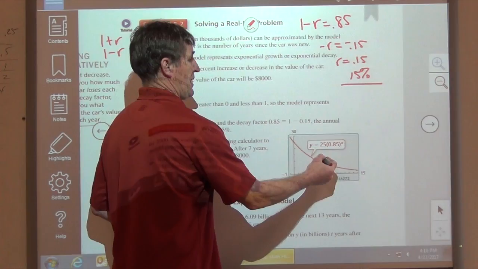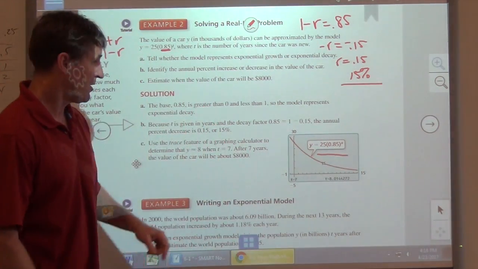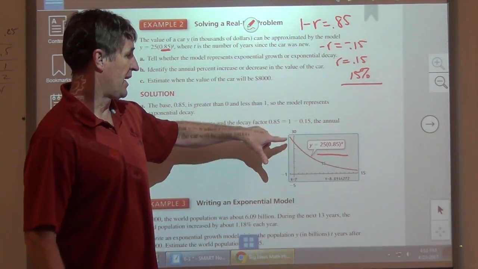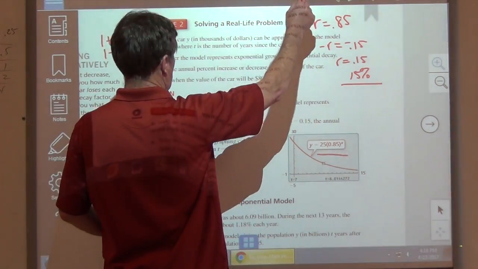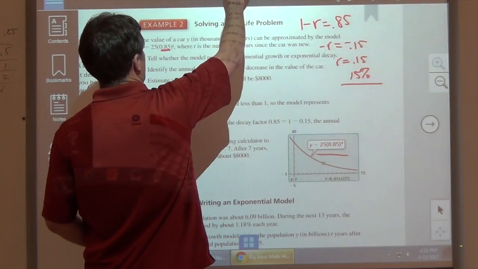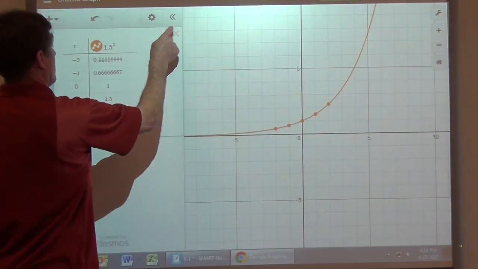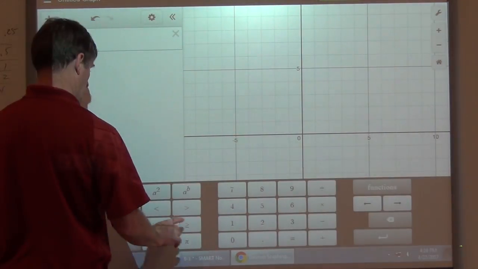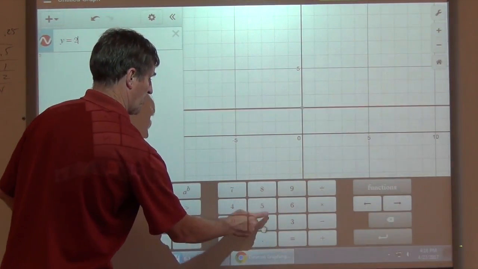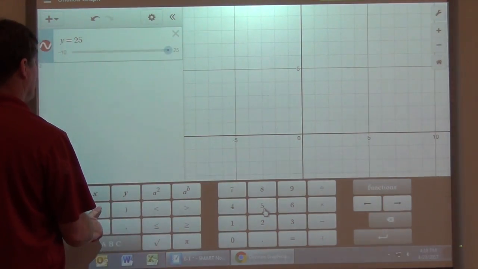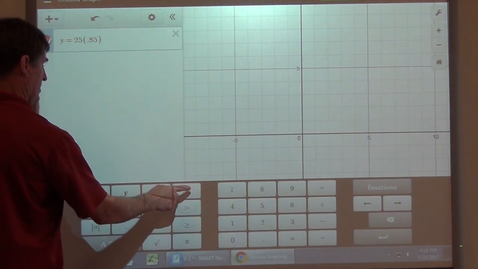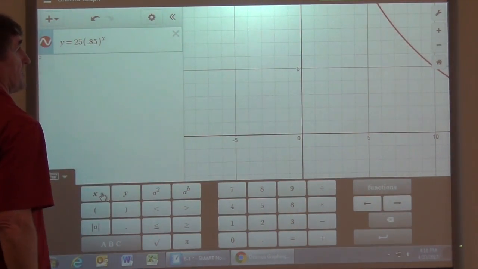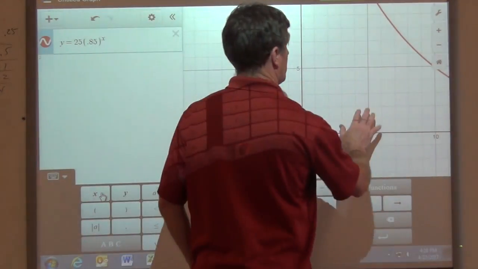You can just type in the equation on Desmos, and then let's just draw that one in. y equals 25 and then times 0.85 to the x. So we've got this graph here.